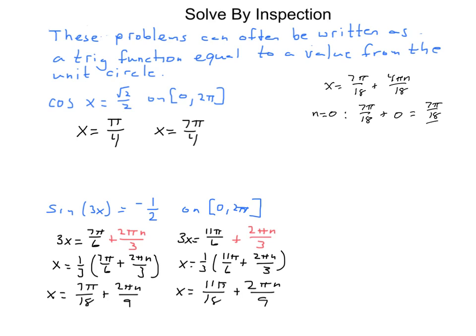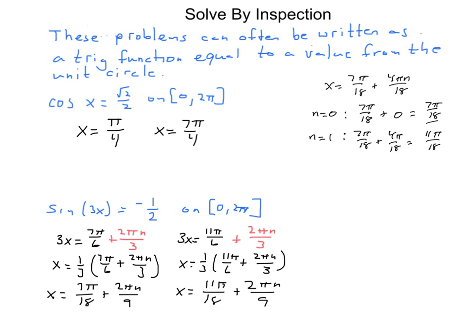To get to the next one, I'm going to put 1 in for n. So I'm going to get 7 pi over 18 plus 4 pi over 18, which is going to give me 11 pi over 18. Now this one actually helps me out a little bit, because I notice that this second solution happens to be the first solution in the second piece if I put 0 in for n.